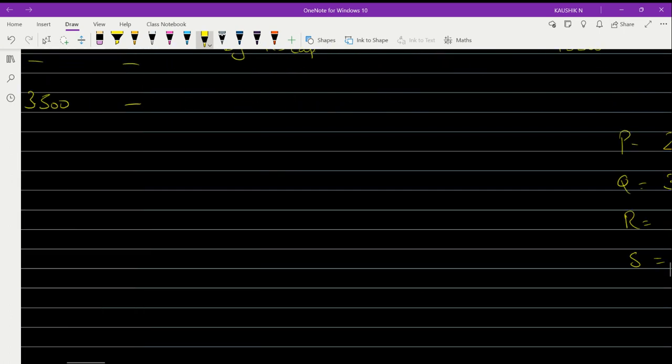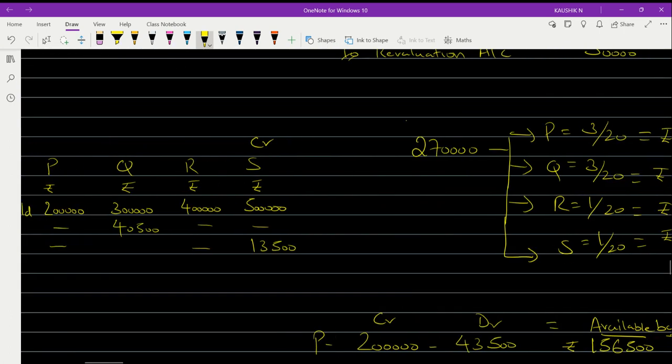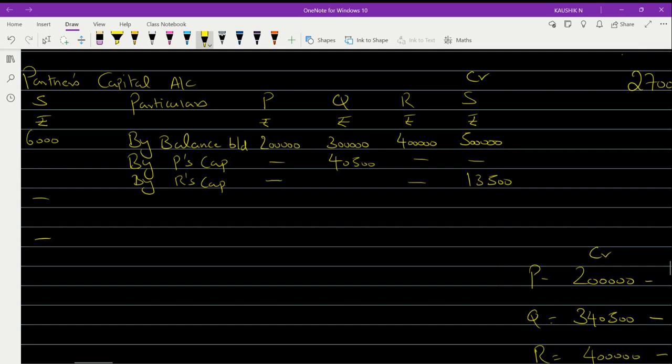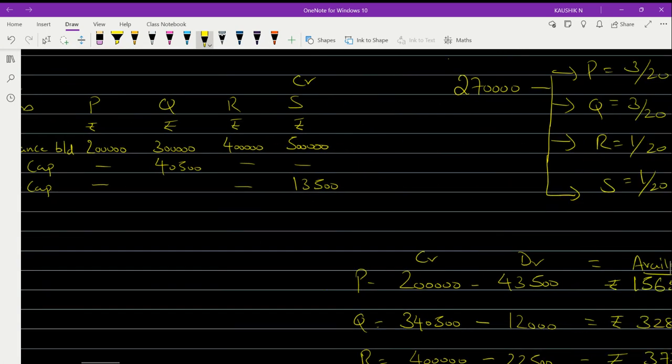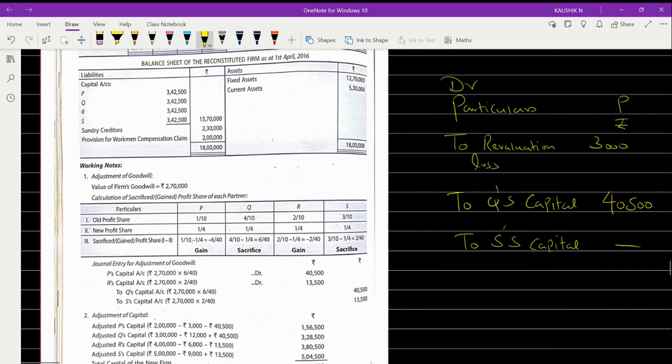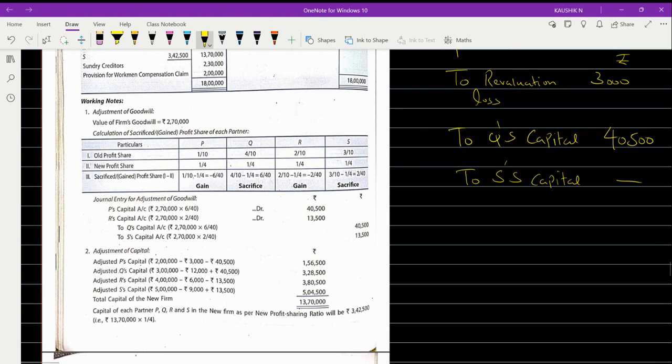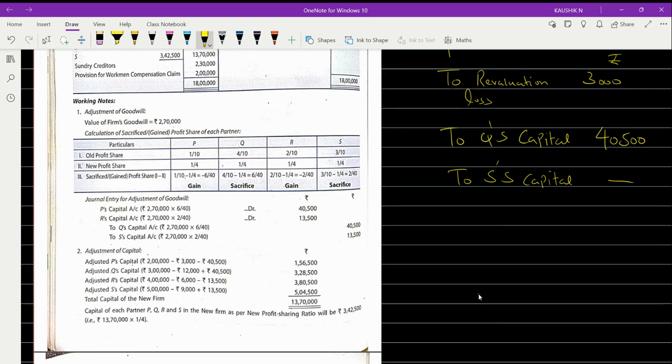1 lakh 56,500. Okay. 1 lakh 56,500. The next value you said 3 lakh 28,500. 3 lakh 28,500. Okay. The next one is 3 lakhs 80,500. How come 4 lakh 6,000?